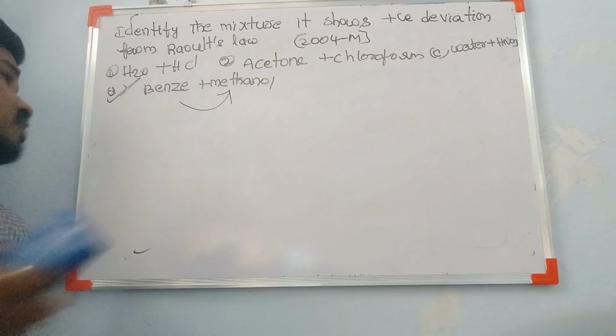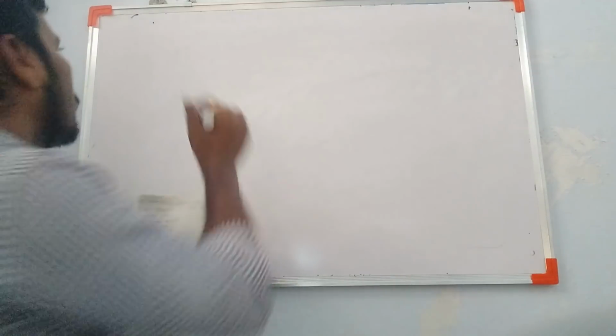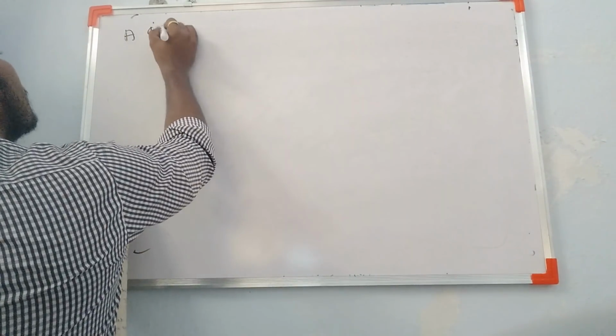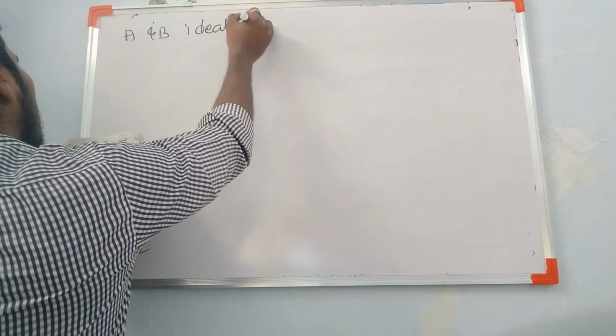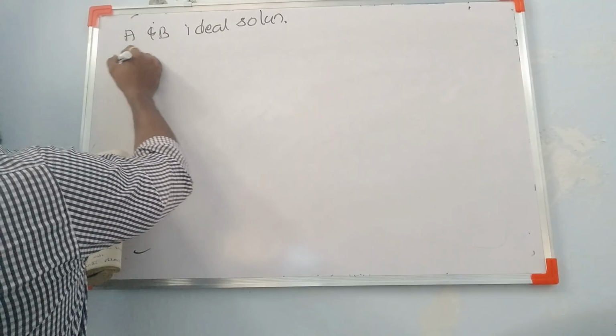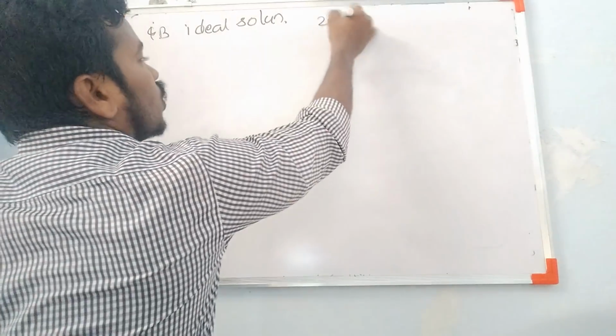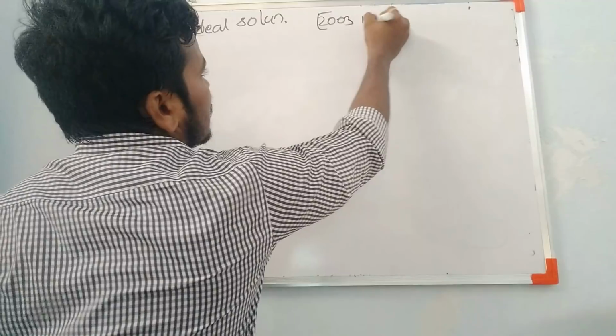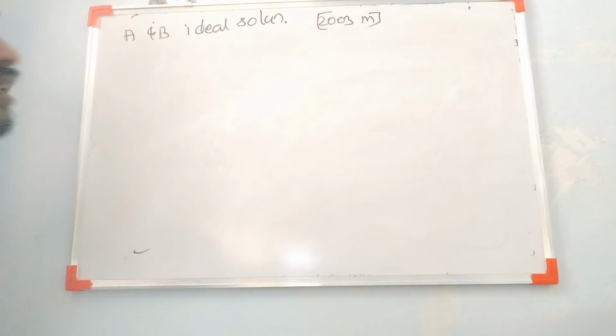So next question. These types of questions are also very important. If liquids A and B form an ideal solution, what are the properties? They asked this in the 2003 mains, and AIEEE also asked it.